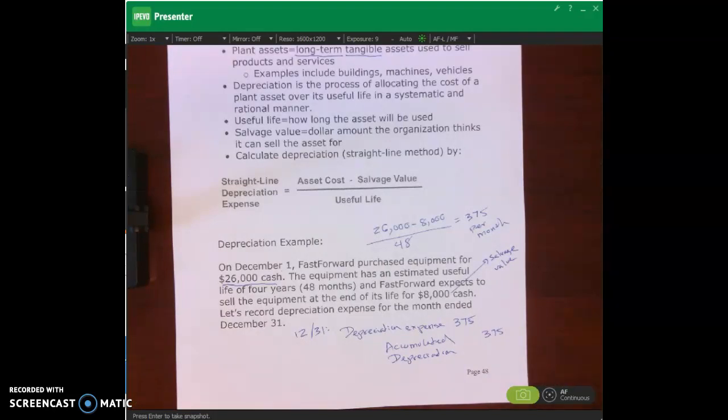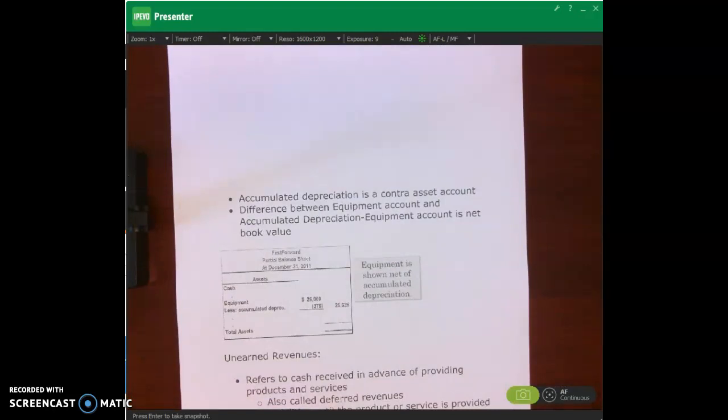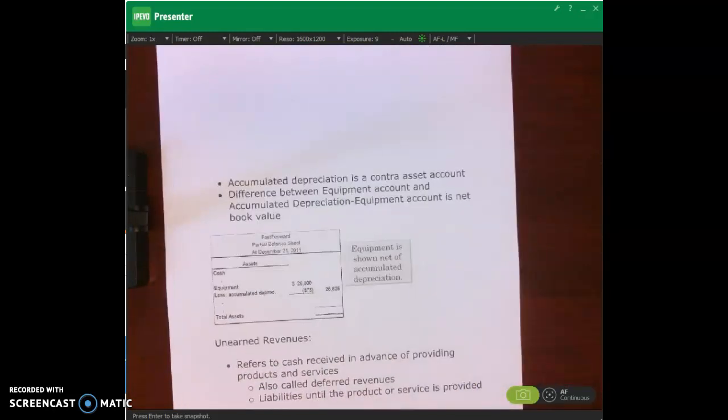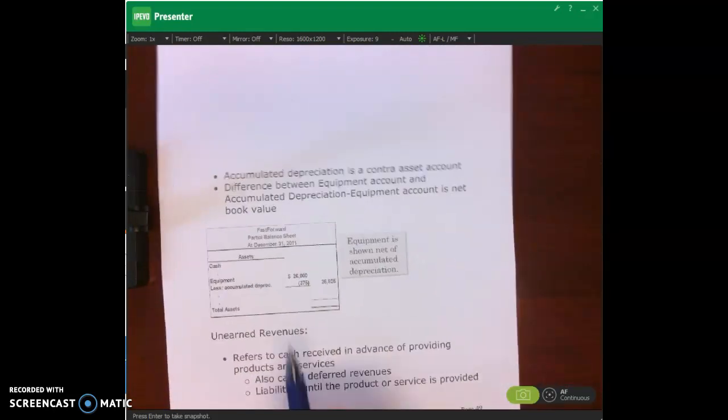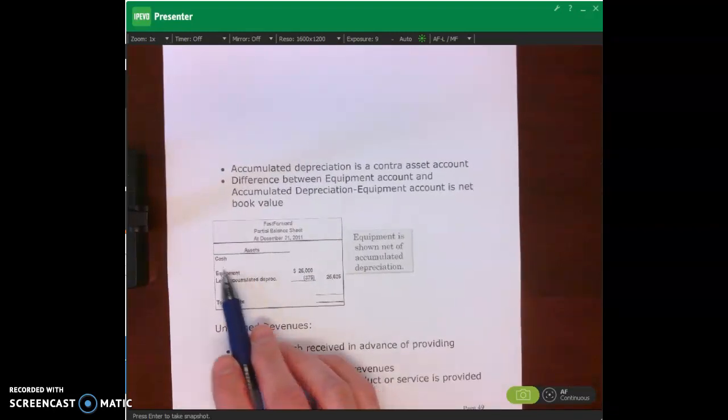Okay. Now what we see over here, if we look on the next page, we see that accumulated depreciation is called a contra asset account. And this is how it looks on the balance sheet. We have our equipment, which falls under plant, property, and equipment.